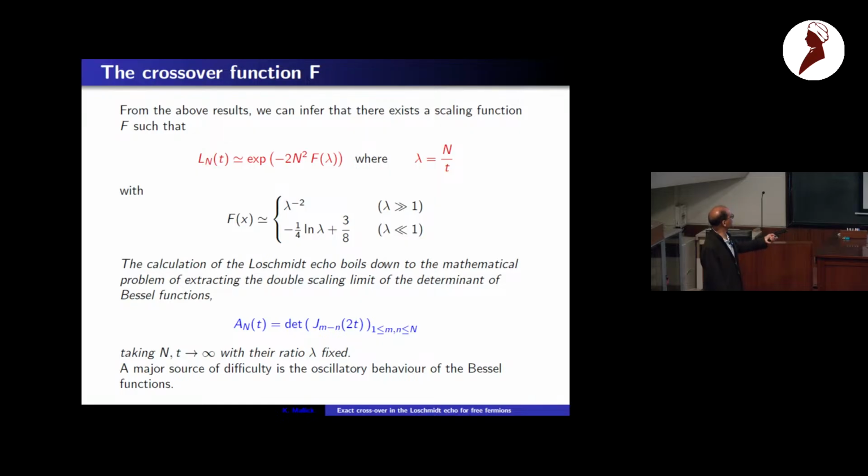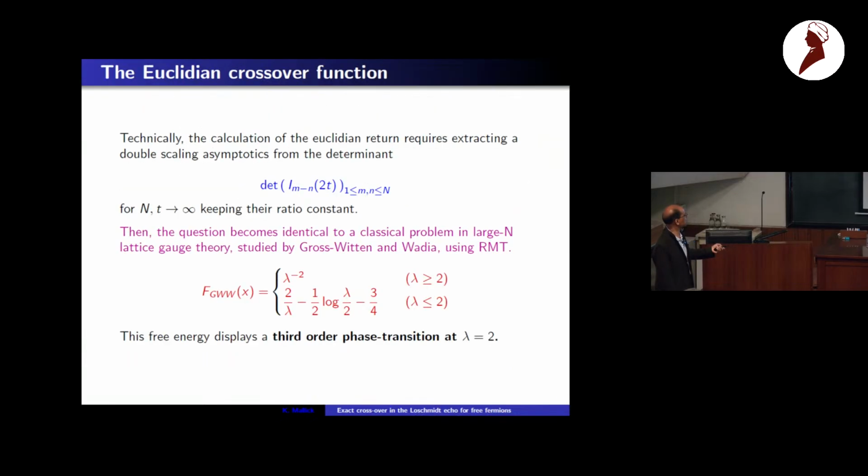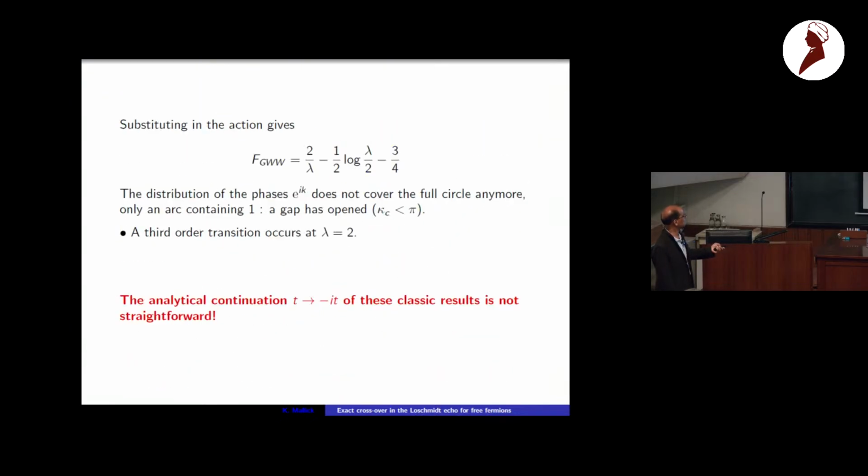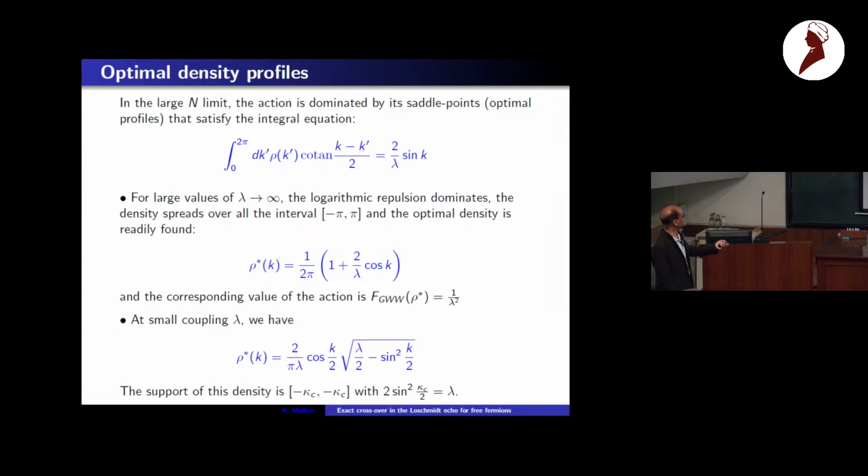So I do get this asymptotic behavior in this large lambda phase. But the other solution that was found by Gross, Witten and Wadia, which is here, the analytic continuation of this one doesn't give you anything. You really have to find another solution of your equation in the imaginary case, which doesn't look at all like this one.